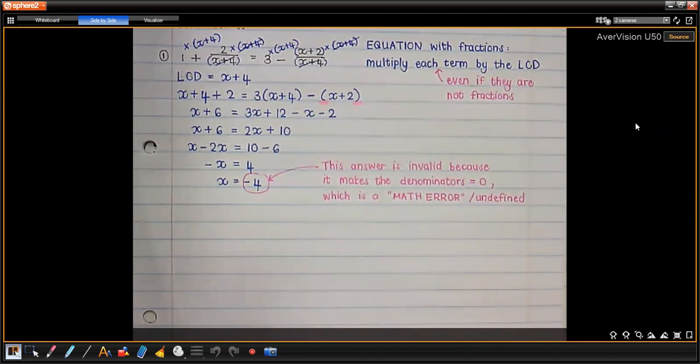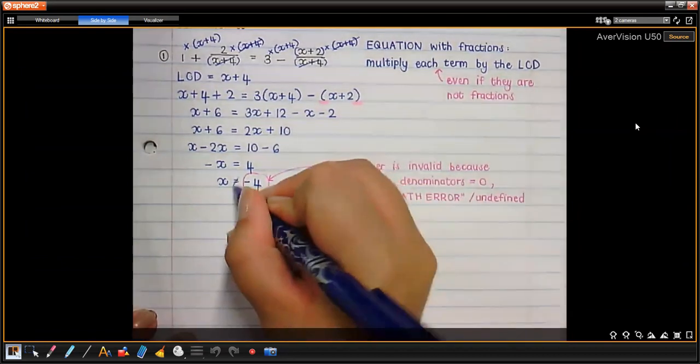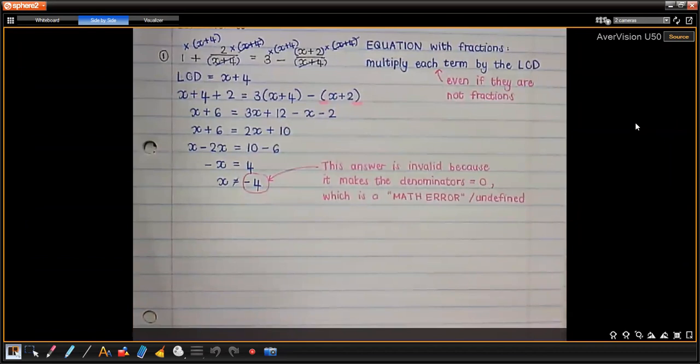If that happens, you need to write underneath this. You actually need to draw a line through the equal symbol, just to show that x can't be equal to -4. Now, if x can't be equal to -4, then what is x? The one answer that we got doesn't work, but is there an answer?